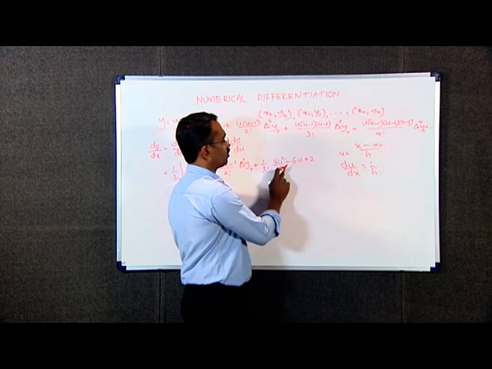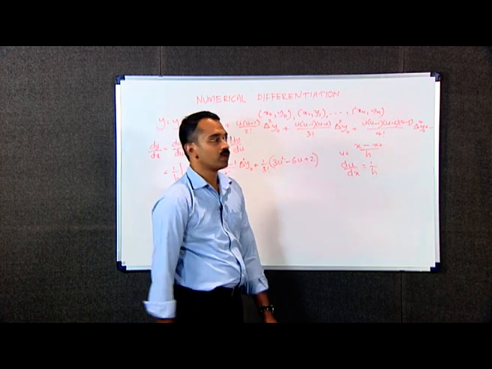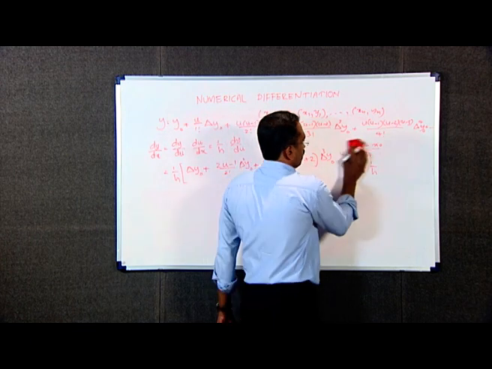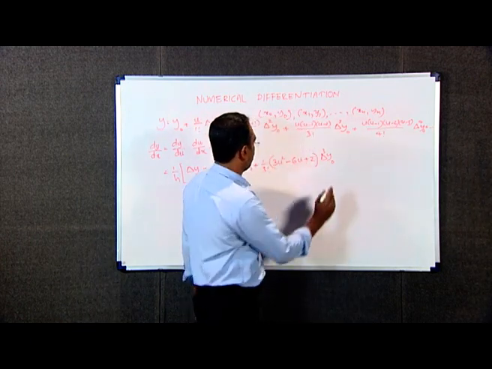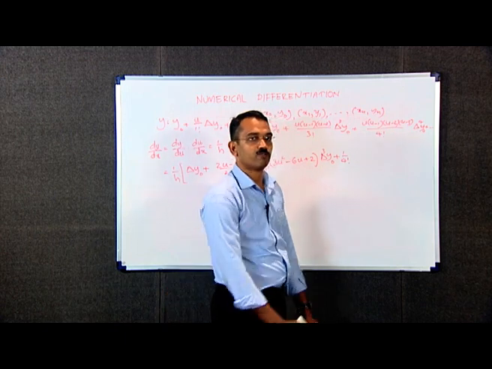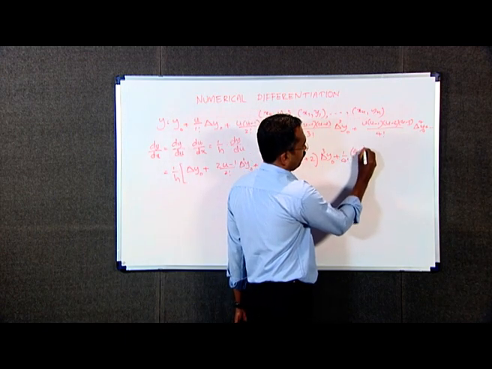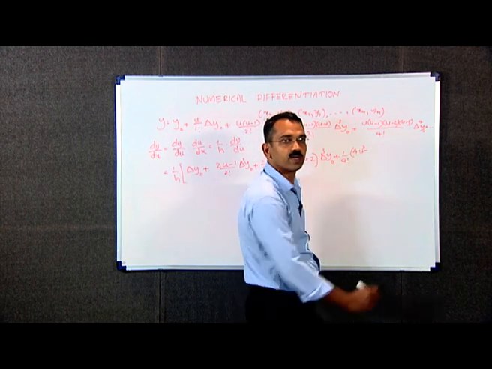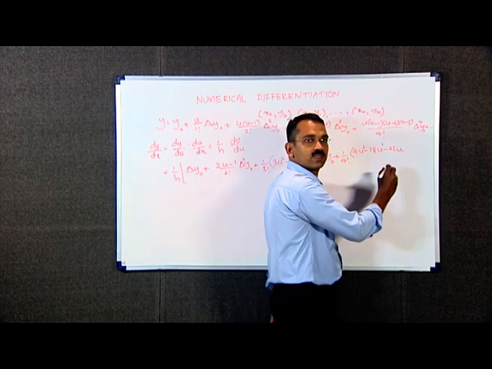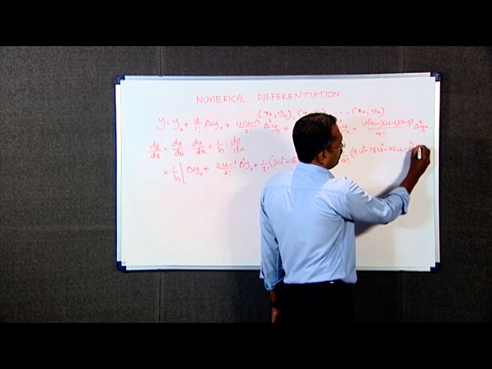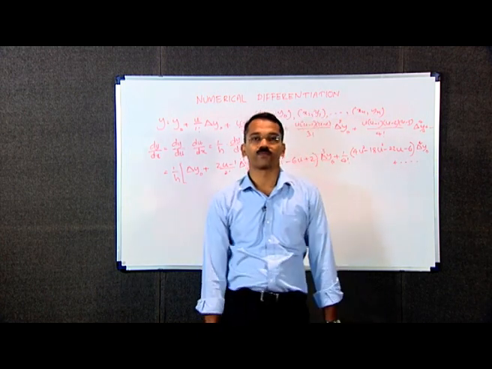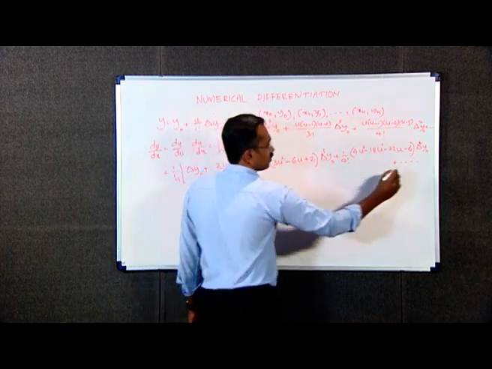We get 3u square minus 6u plus 2 divided by 3 factorial into delta cube y naught plus 1 by 4 factorial into the derivative of this product, which is 4u cube minus 18u square plus 22u minus 6, into delta raised to 4 y naught plus etc. 1 by h is common, therefore we use the bracket.